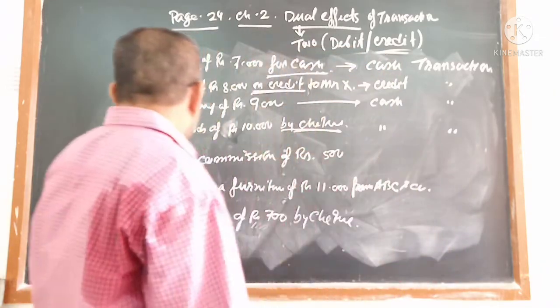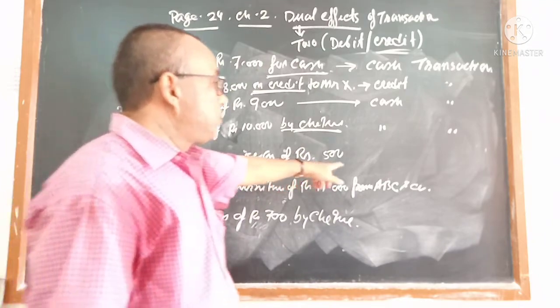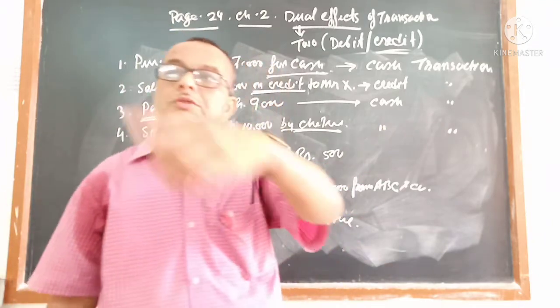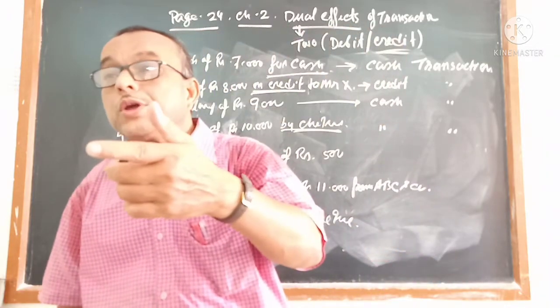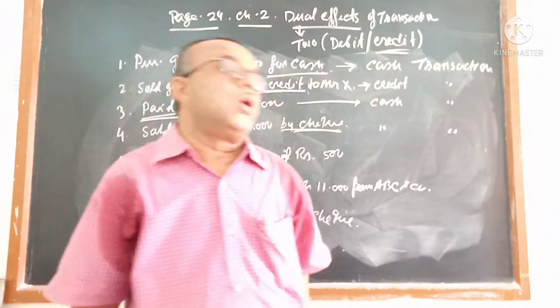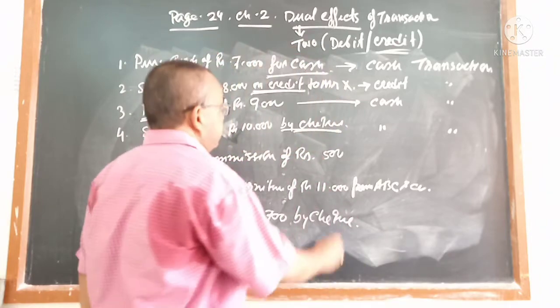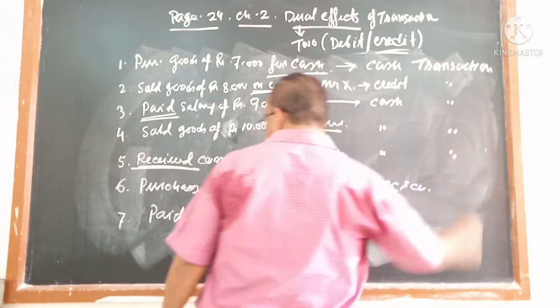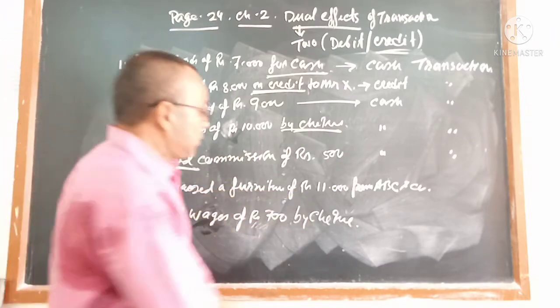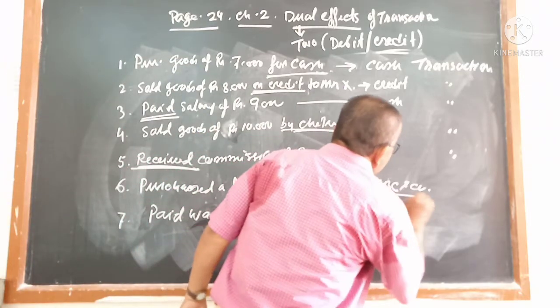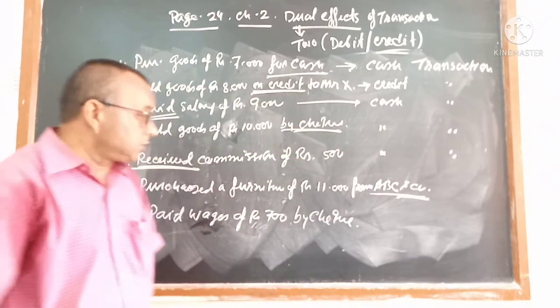Somebody may give: received commission sum rupees 5,000 from Mr. Y. So you will find the name of the party is given. But preference to whom will you give? The word paid or the word received. So also it is a cash transaction. Purchase furniture of rupees 11,000 from ABC and Company. The name of the party is given.